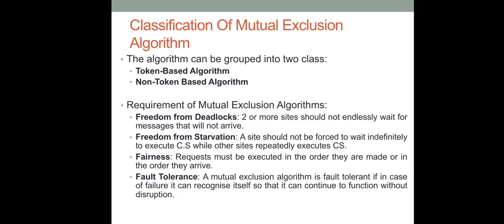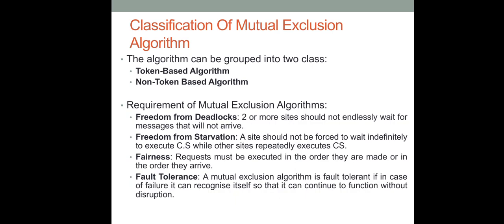So the criteria will be defined in such a manner. In a non-token based algorithm all the processors will be fighting to satisfy the set of rules, and whichever processor satisfies them will be allowed to use the critical section. Remember, the algorithm is designed so that only one processor satisfies all the rules that the particular algorithm has defined.